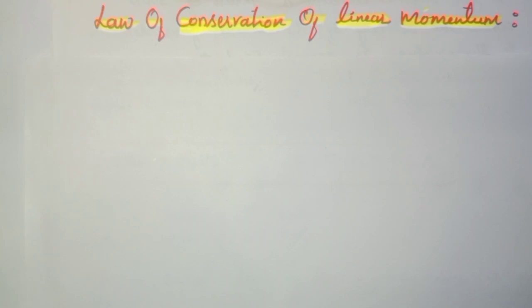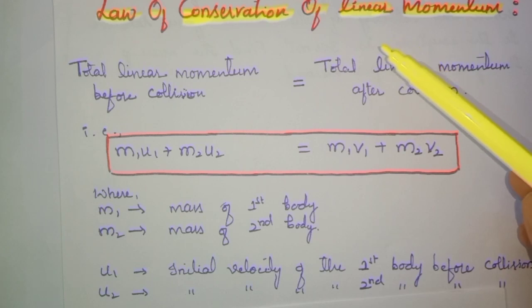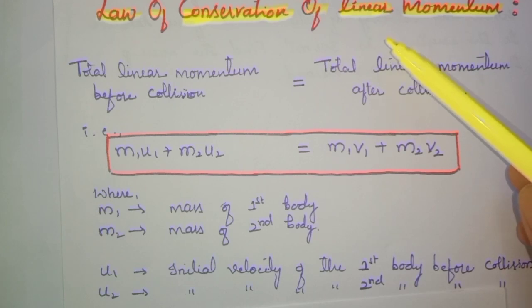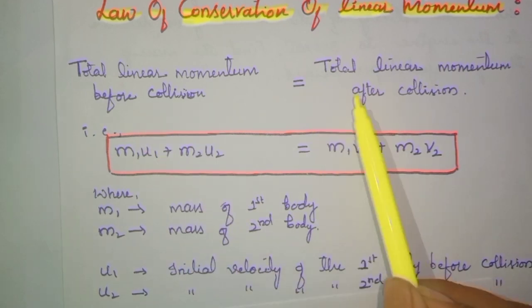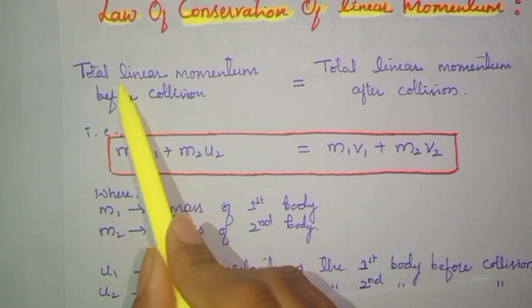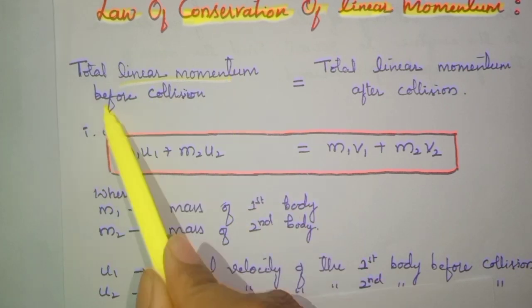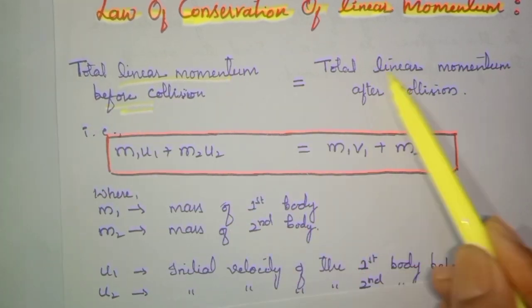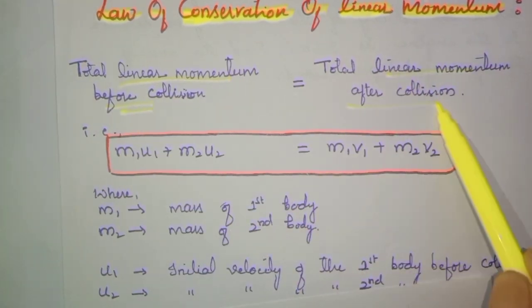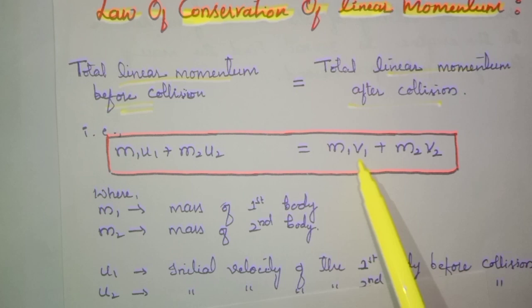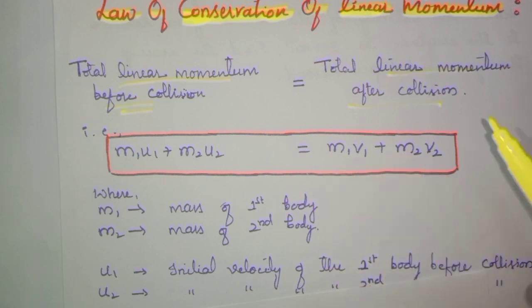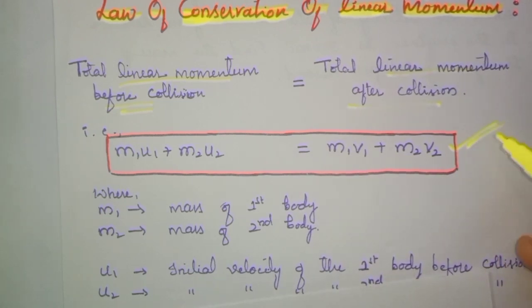Here, the law of conservation of linear momentum is used as a formula: total linear momentum before collision is equal to total linear momentum after collision. So based on that, we have the formula m1u1 plus m2u2 is equal to m1v1 plus m2v2. This formula we will use here.